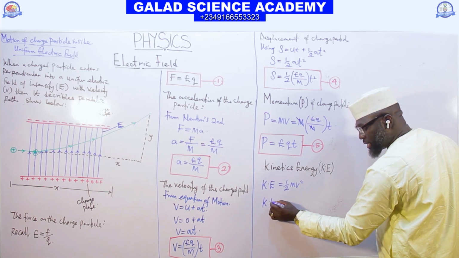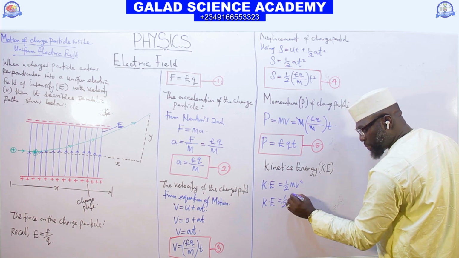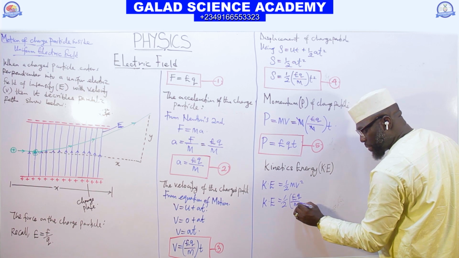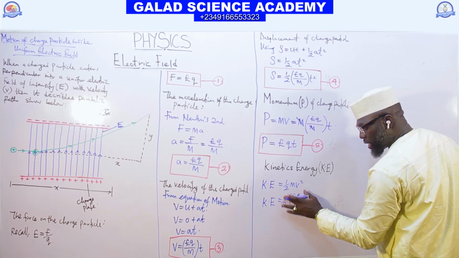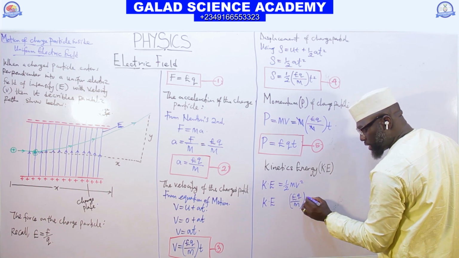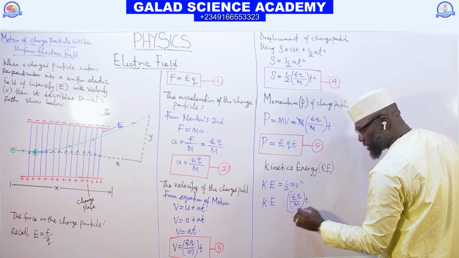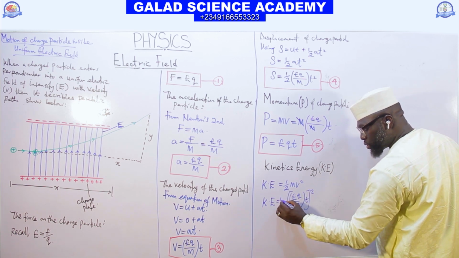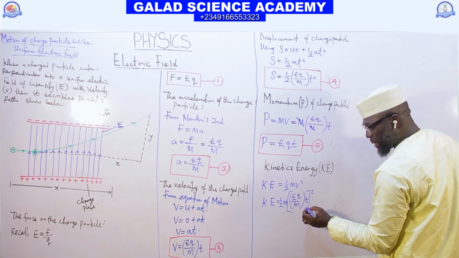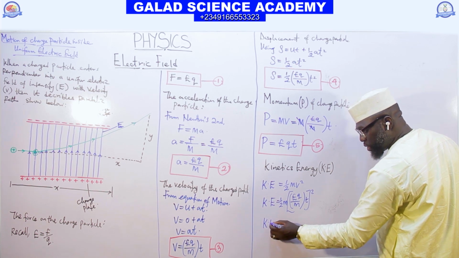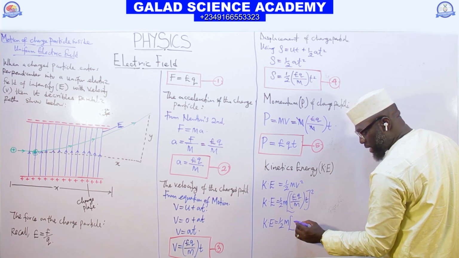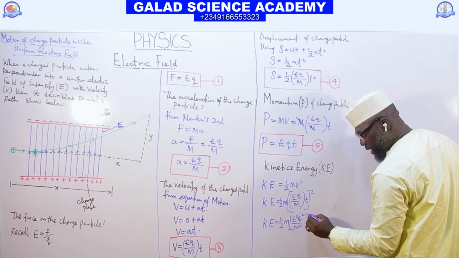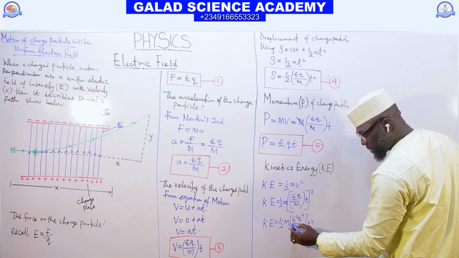You now have the kinetic energy of the charged particle as half of m times EQ over m times t, everything squared. By doing this, it will be half of m times E squared Q squared over m squared, into t squared. One m cancels.